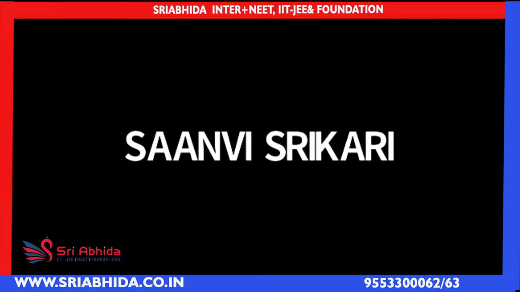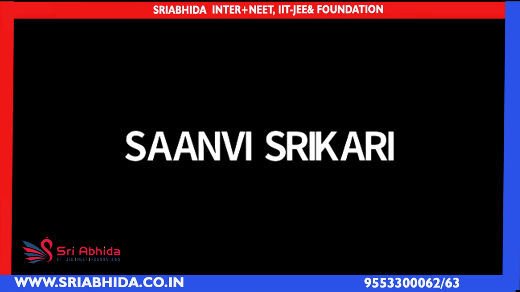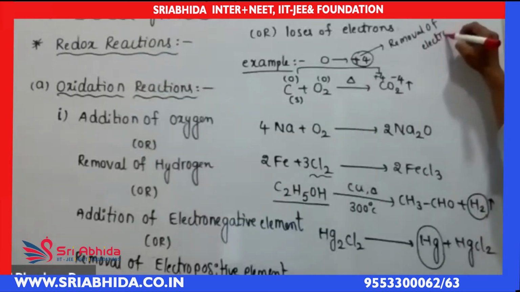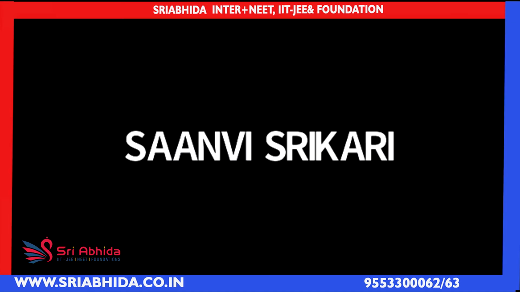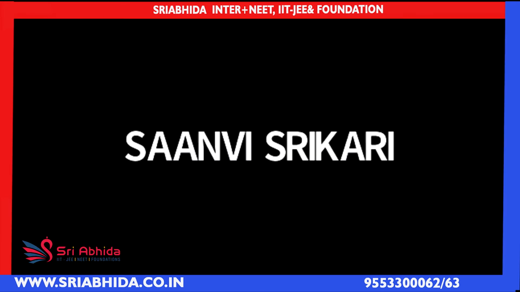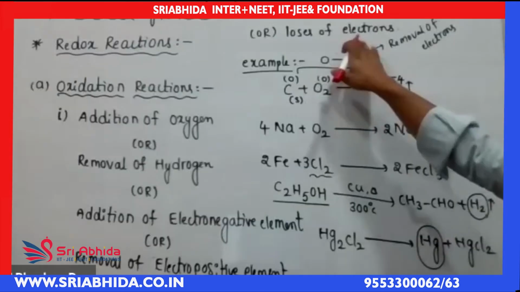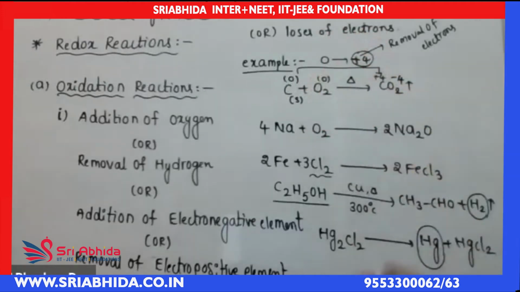Remember all of you, this plus sign represents removal of electrons. How many electrons are removed here? 4 electrons. So loss of electrons is taking place here, yes sir. This is what this reaction is called.